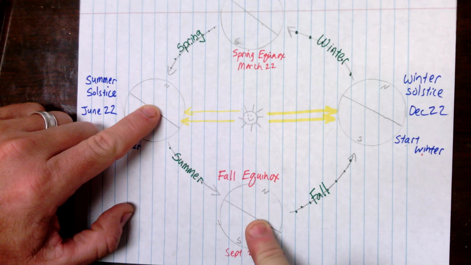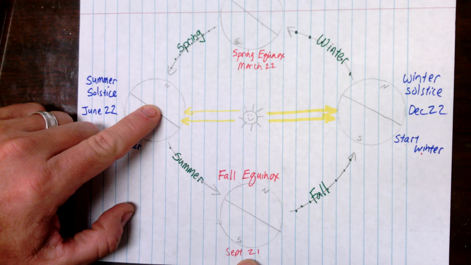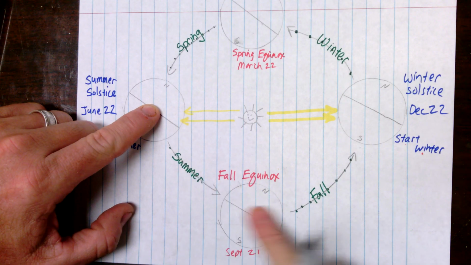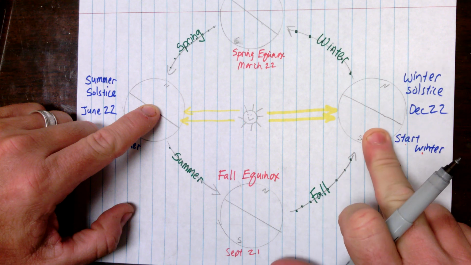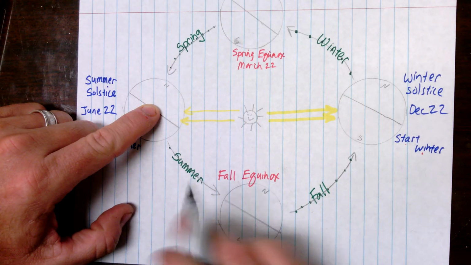Over here in fall, you should know now by September 22nd, the sun's going down earlier. And by the time we get to winter, the sun's going to go down really early. So all the way from here to here, we're getting less sunlight. Days are getting shorter. Okay?